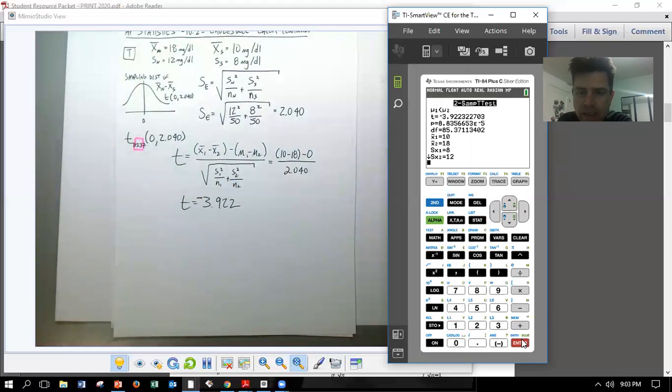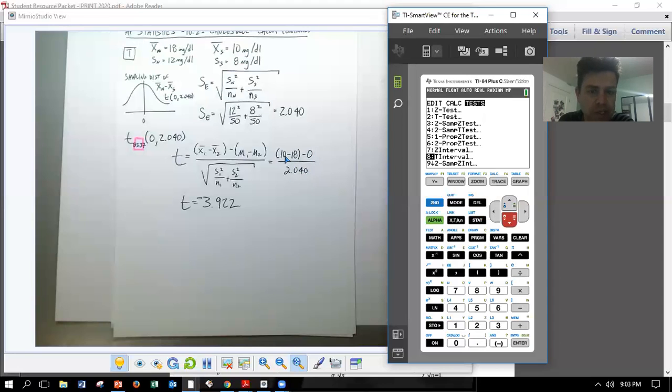And that's basically because along the way I switched my mu1 and my mu2, okay? So I think I need to go back, because when I'm putting that 10 first, that's my standard, right? So I'm putting my 10 first here, 10 minus 18, then that's going to be negative with 2.04.